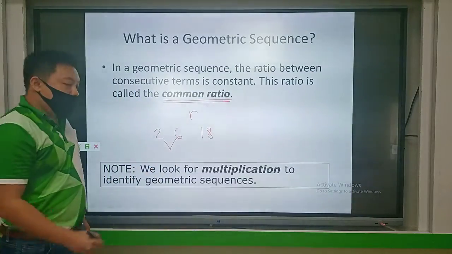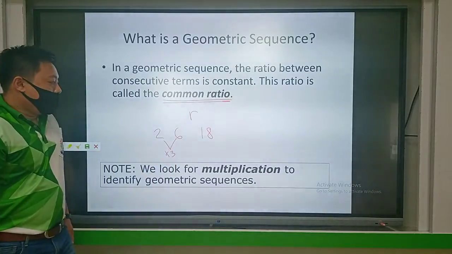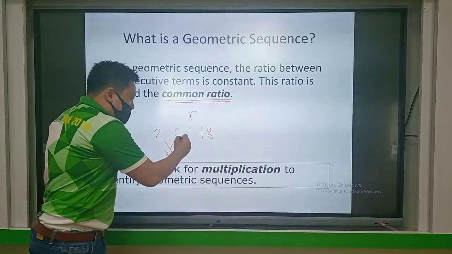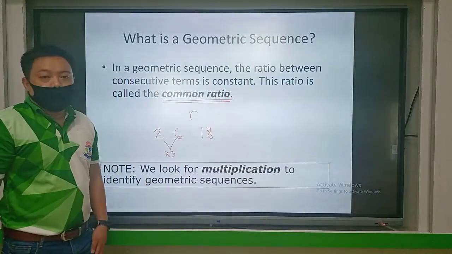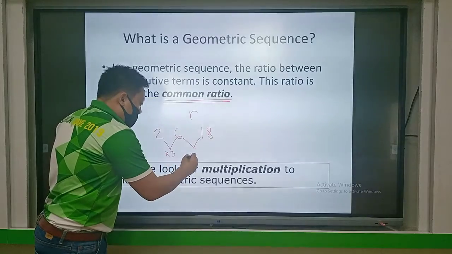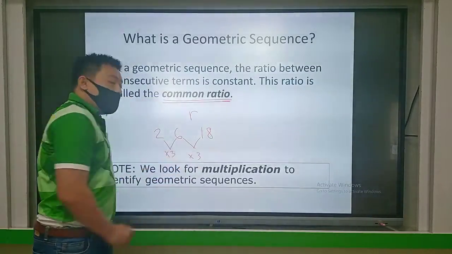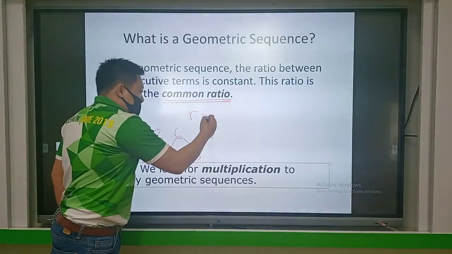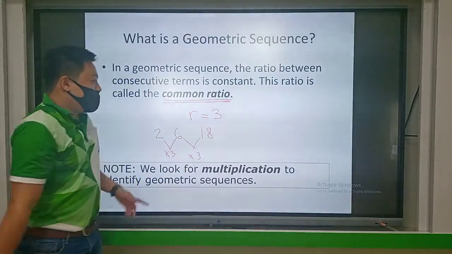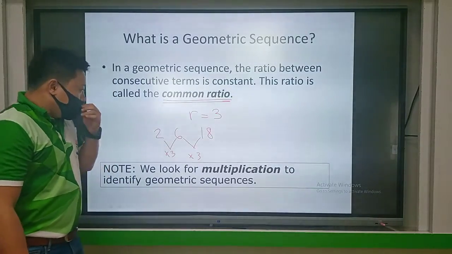We multiply it by 3, times 3. What do we multiply to 6 to get 18? Also 3, right? So this 3 here is what we call the common ratio, which is denoted by the variable R.